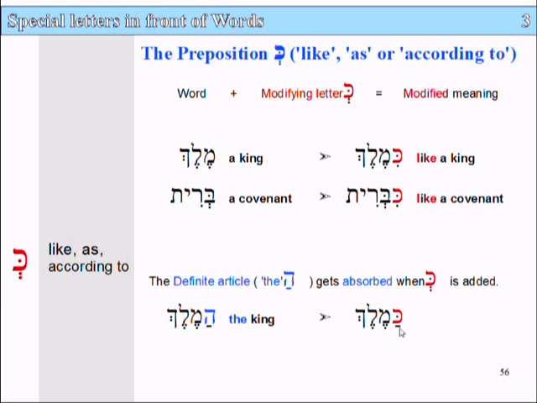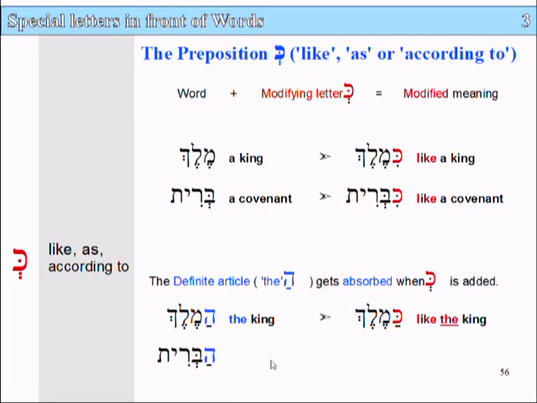Notice the patach under the kaf, unlike over here where it just had a hirik. Now the kaf has taken on the long vowel sound of the hey, meaning the, and we get ka-Malik, like the king, or as the king, or according to the king.